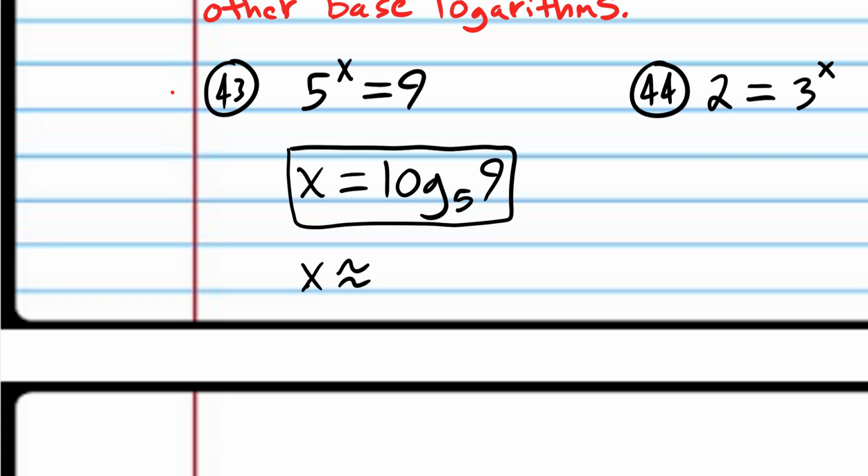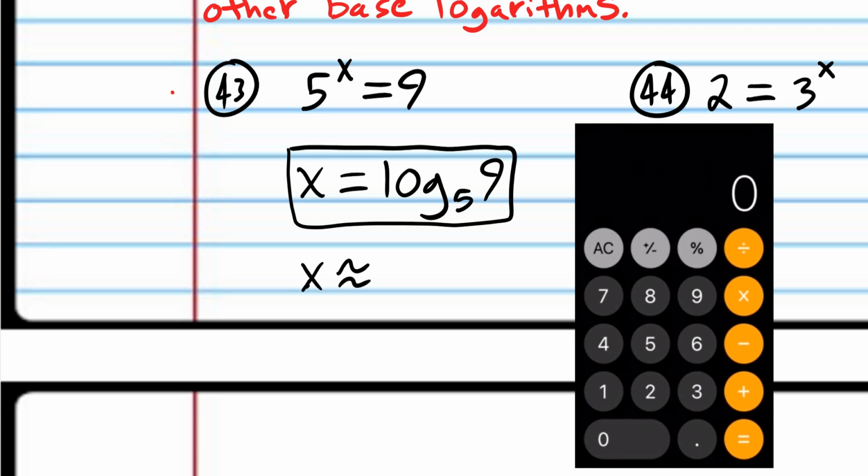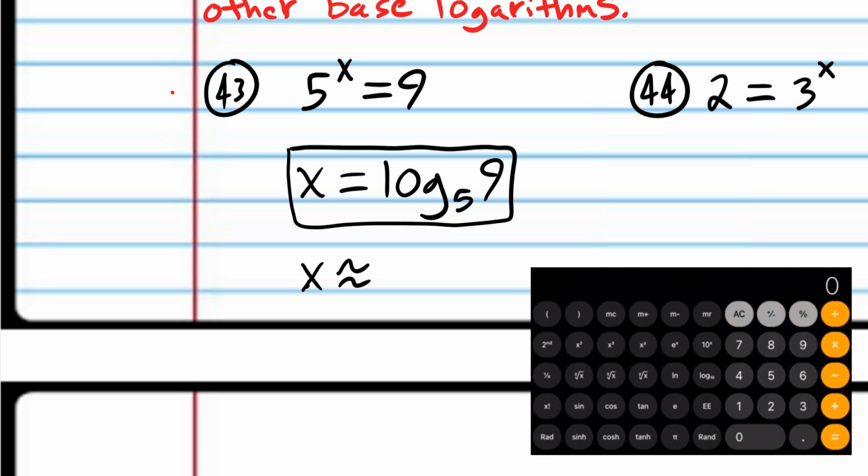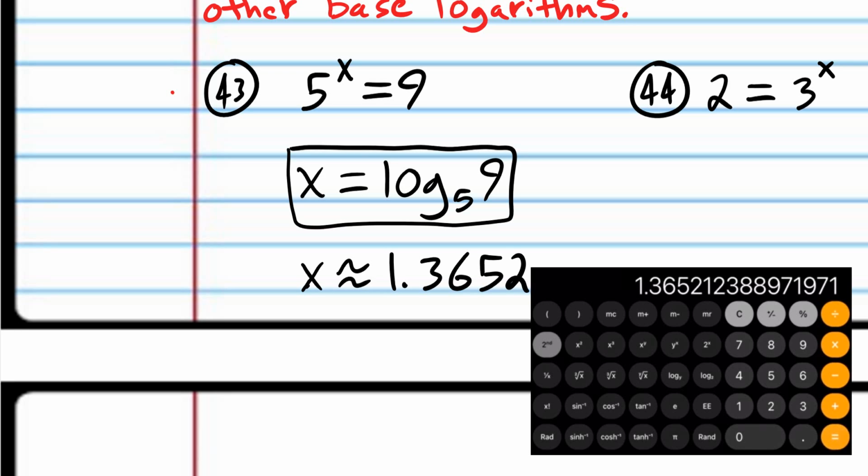Now, again, you can use your Windows calculator, but I'm going to show you how to use the iPhone. Start your calculator on your iPhone, your built-in calculator, rotate it in landscape mode, and you're going to push the second button at the upper left, and then push 9 on the keyboard, and then push the log base y button, and then push the 5 on your keyboard, and then equals, and then we have 1.3652.